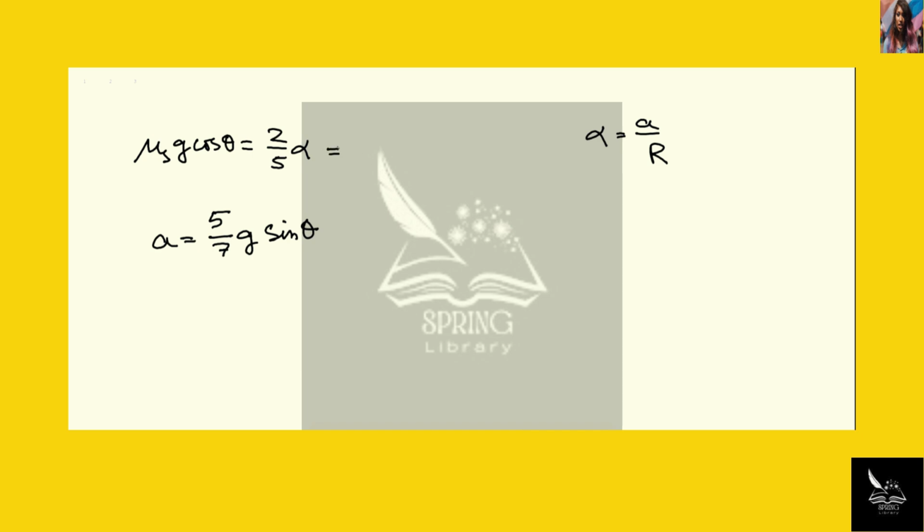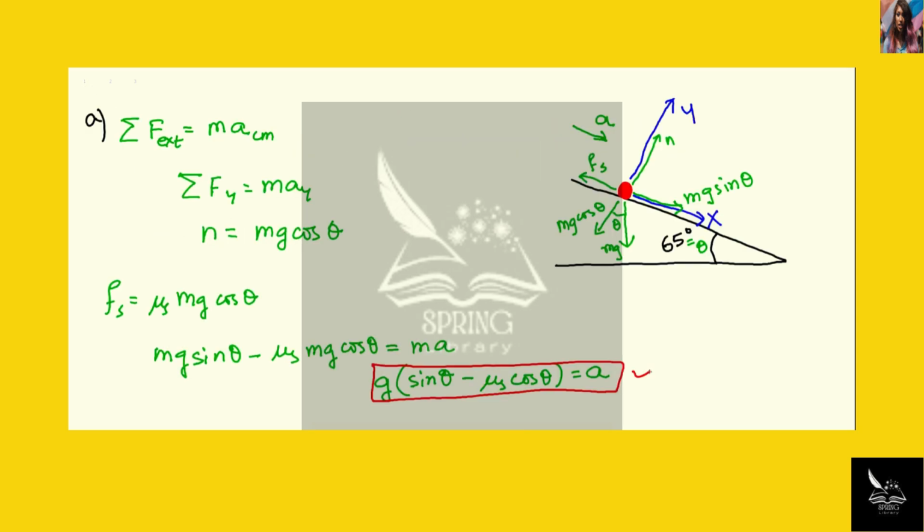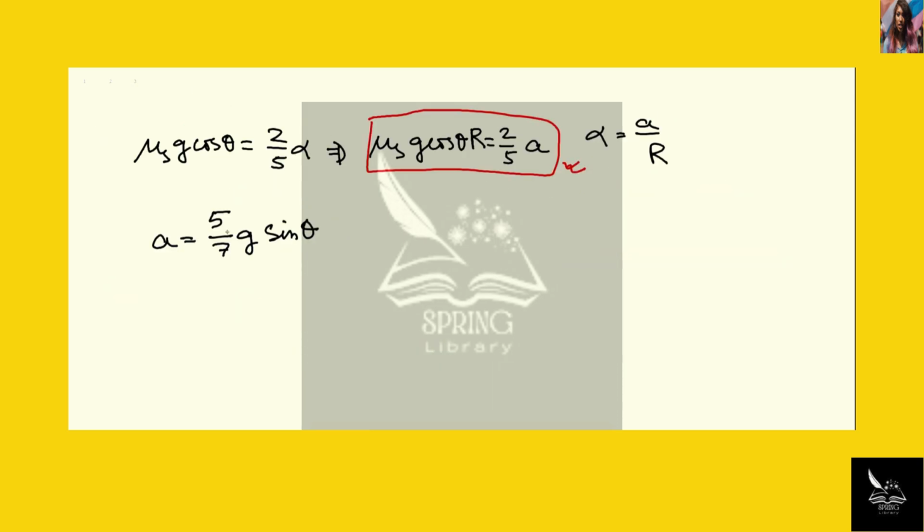The way we get that is we substitute alpha here, so we get mu s g cosine theta r, which is equal to 2 over 5 a. So we have one equation over here, and another equation over here. If we solve these two equations, we get alpha, and of course we can solve for mu s as well, because we have two unknowns and two equations.